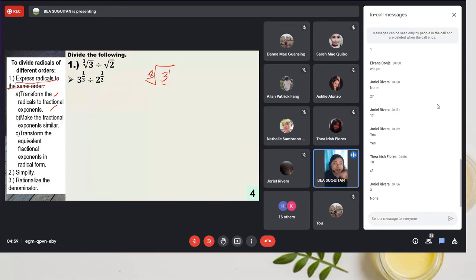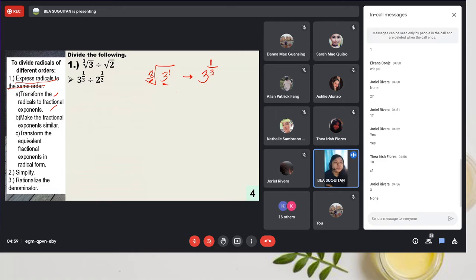So if you could recall, we are going to transform that into expressions in rational exponents or fractional exponents. The base of your radicand will also be the base of your expression. The exponent of your radicand will be the numerator of the exponent, and then the index right here will be the denominator.